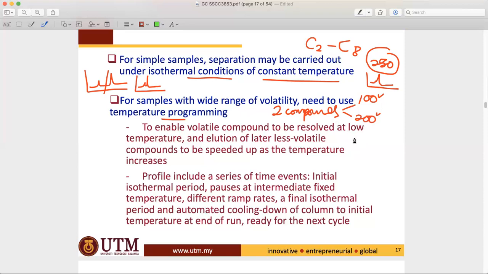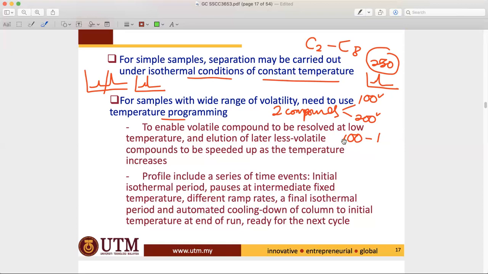Okay, so how are we going to use temperature programming? What I can explain is, as simple as, for example, okay, for these two compounds, you already know that the first compound is 100 Celsius, the second compound is 200 Celsius, the boiling point. Okay, so you would set it to become 100 Celsius. Okay, 100 Celsius for the first minute.